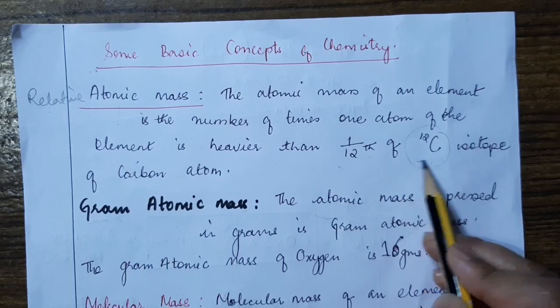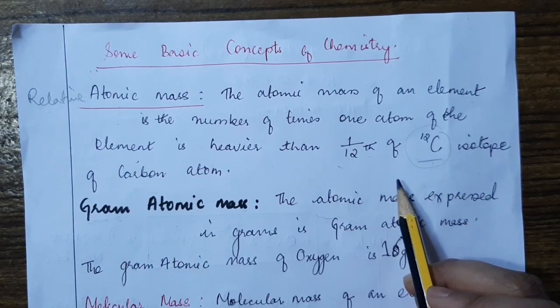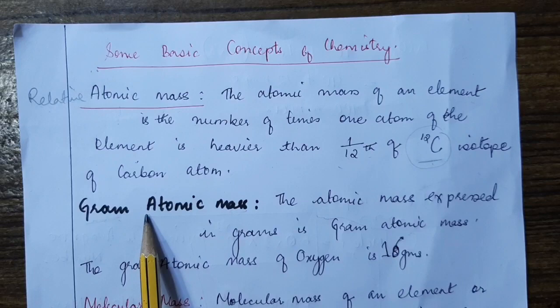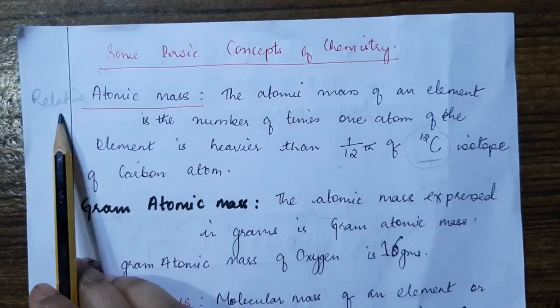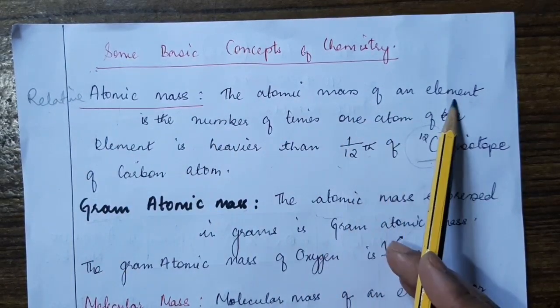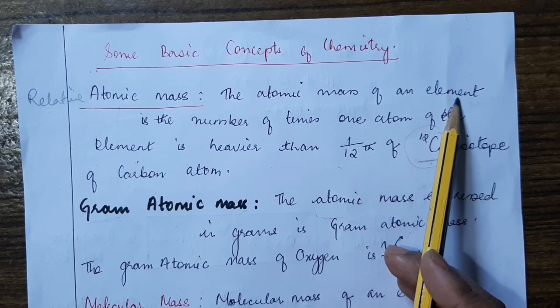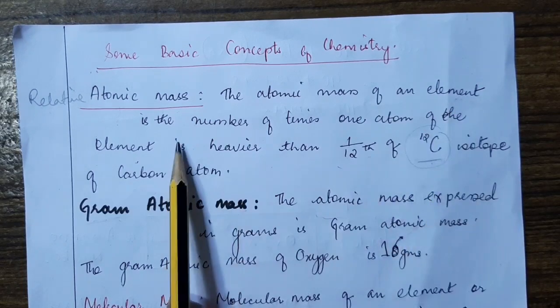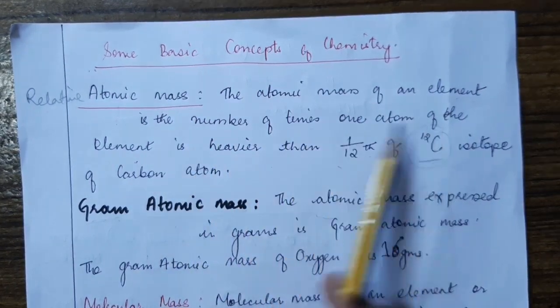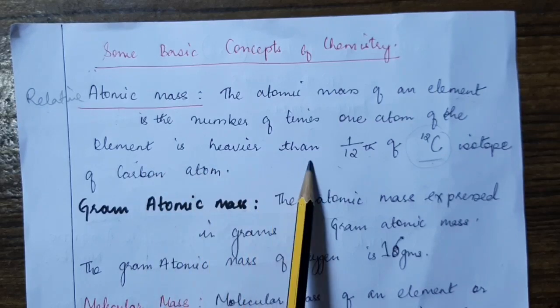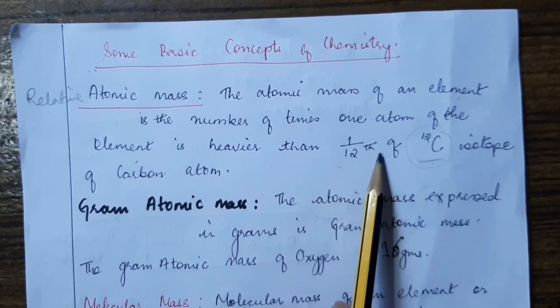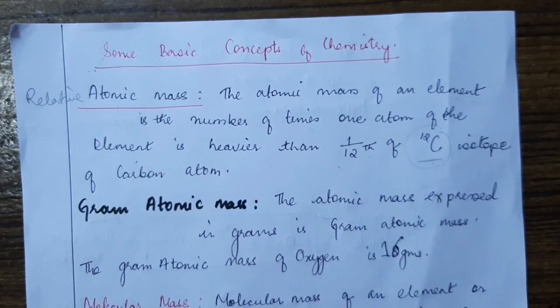So which isotope are we taking? The 12C isotope of carbon atom. So the relative atomic mass of an element, any element like oxygen, nitrogen, hydrogen, would be the number of times one atom of the element is heavier than 1/12th portion of the 12C isotope of carbon atom.